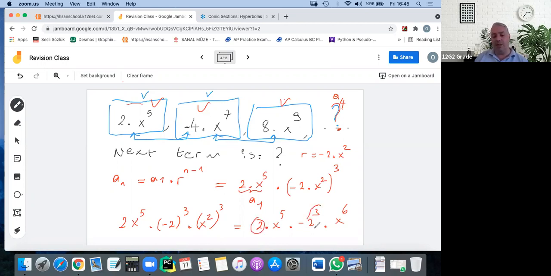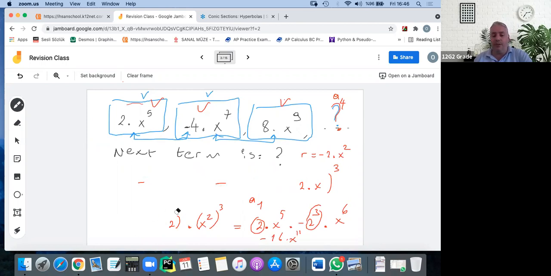So this multiplication is 16, but there is a minus also. x to the power of 5 and x to the power of 6 gives x to the power of 11. Why? 5 plus 6 is 11. So the answer of the question is this. But this is very long. I do not prefer to use the formula. What I prefer is this one.